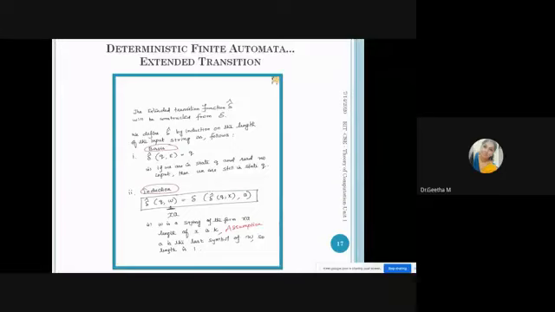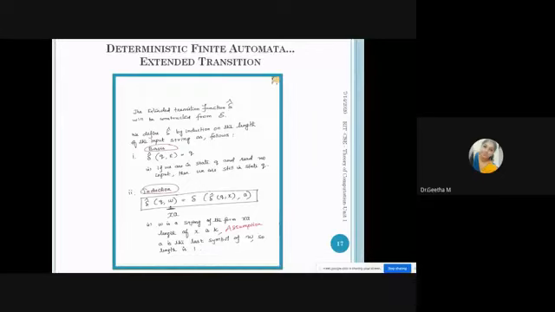So δ cap of q comma epsilon is equal to q, which means that epsilon is a zero length string. Under this basis step, you want to consider only the least element. We are now handling symbols in strings, so while considering strings, what is your least element string?